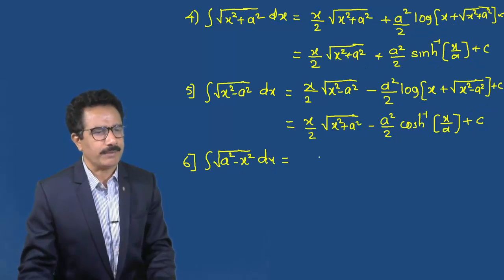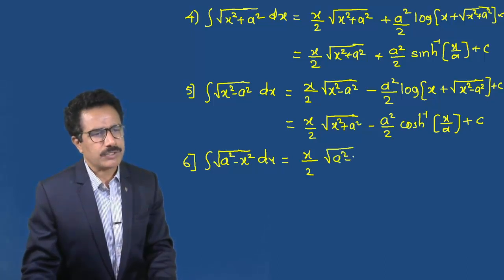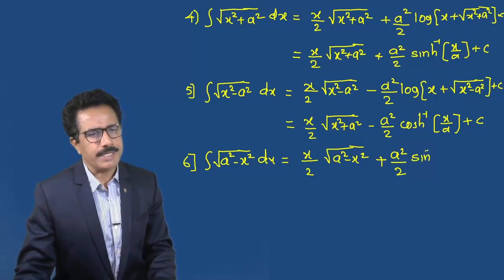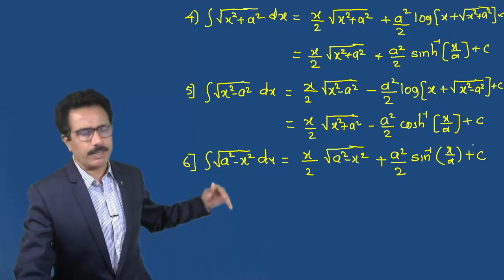That is the same formula, x by 2 root a square minus x square plus a square by 2 into sine inverse of x by a plus c. Okay, we can use this formula.